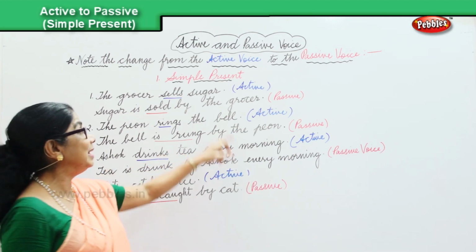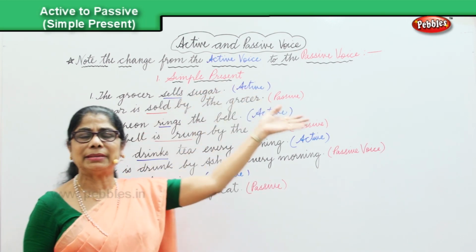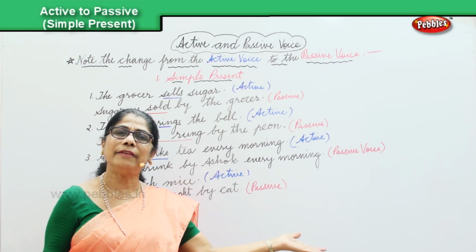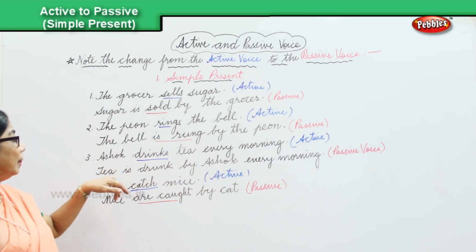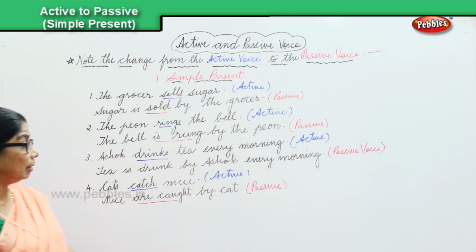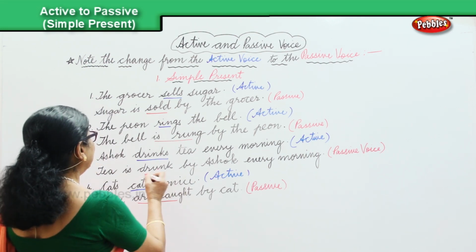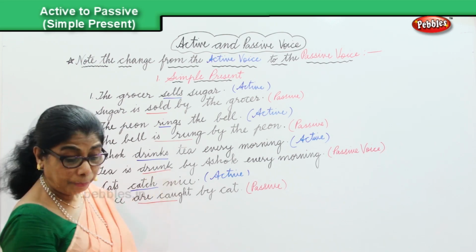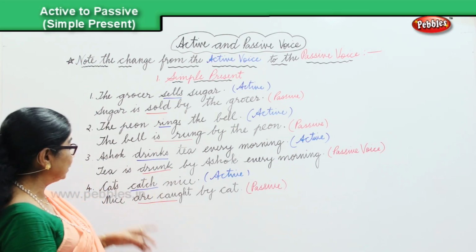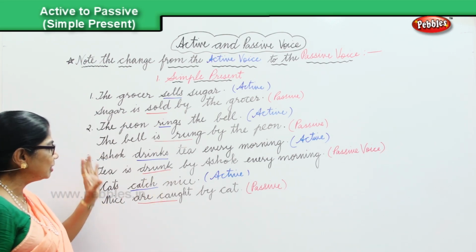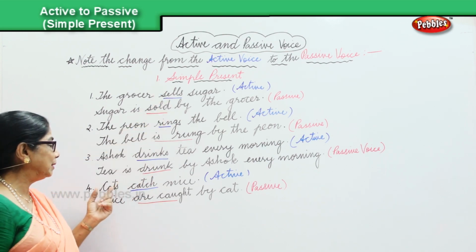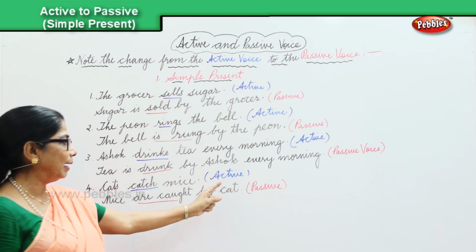Ashok drinks tea every morning. Simple present. Ashok drinks tea every morning. Active voice. The tea is drunk by Ashok every morning. That's passive voice. And finally, we have cats catch mice. Simple present. Cats catch mice.